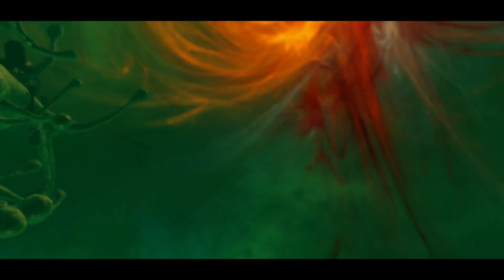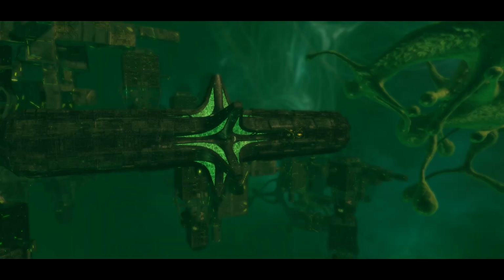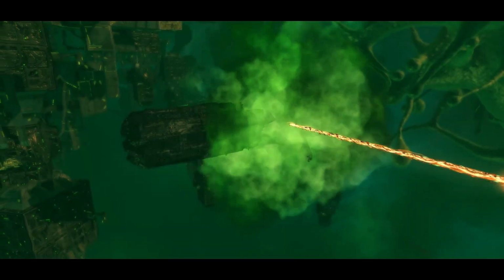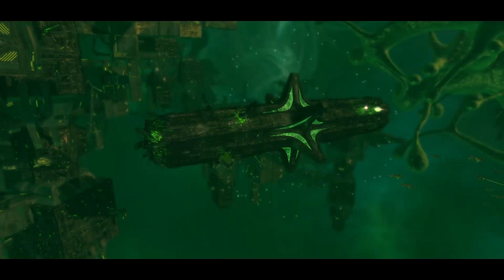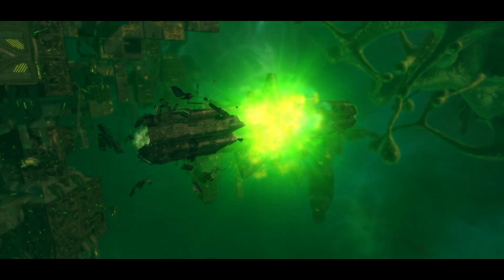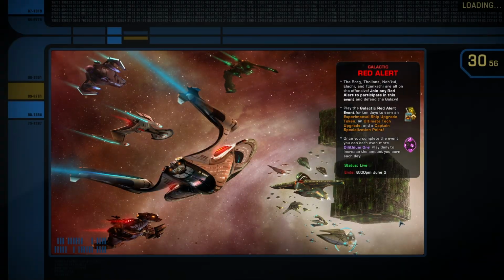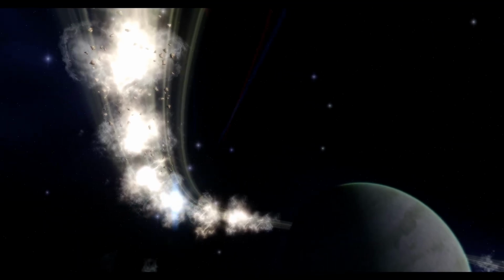There's what looks like an assimilated V'ger. Okay, Undine have turned up. Oh, the planet killer. Whoa, impressive. Oh, I think I leveled up.